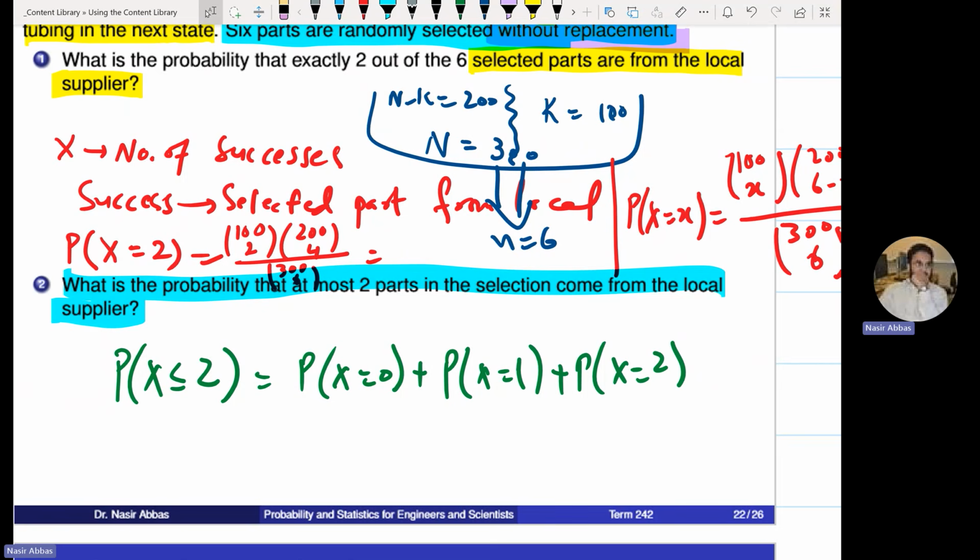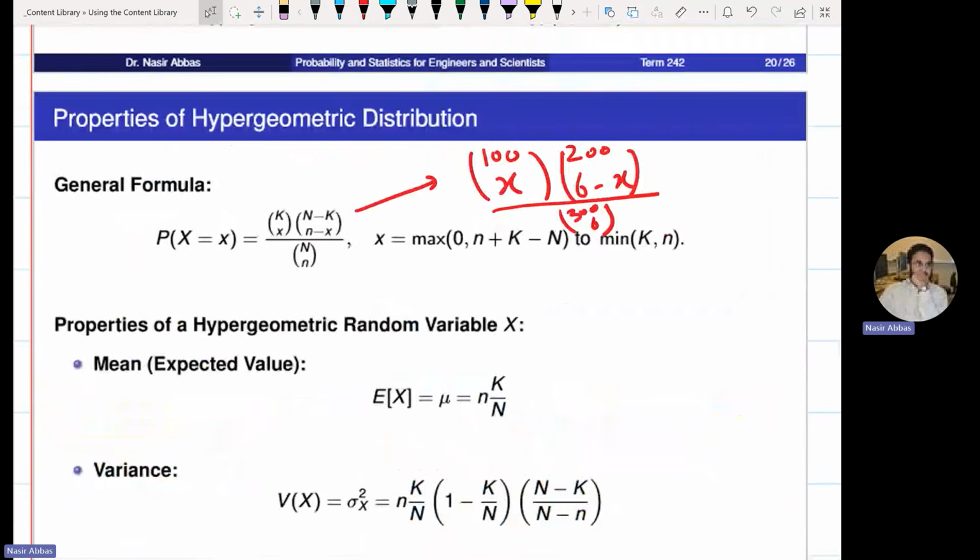Now, one thing you need to be careful of, just one margin of mistake is still there. Like in this question, when I was asked for the probability of less than or equal to 2, I started with 0. Does 0 really belong to my domain? You need to check. Maybe it does, maybe it doesn't. Put the values in here.